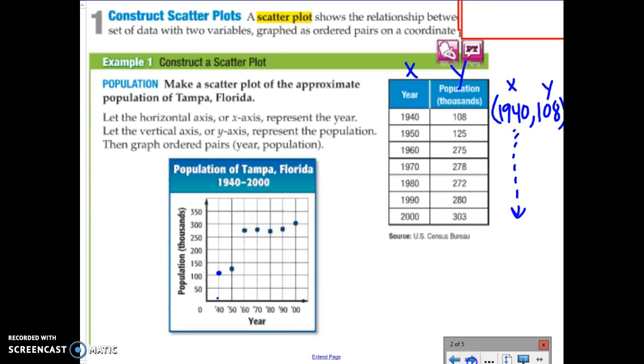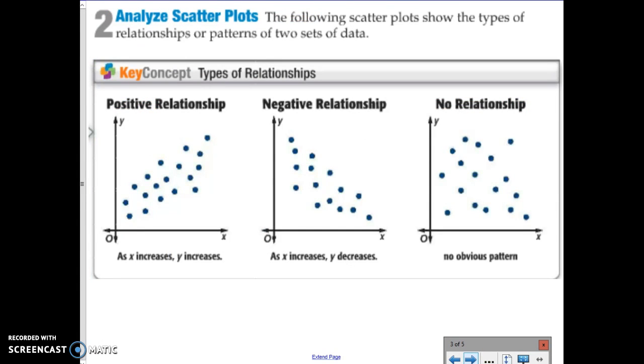The second thing we'll talk about is how we can analyze those scatter plots. The following scatter plots show the types of relationships or patterns of two sets of data. The first says it's a positive relationship. So as x increases this way, y is also going to increase. The second one we're going to talk about is a negative relationship.